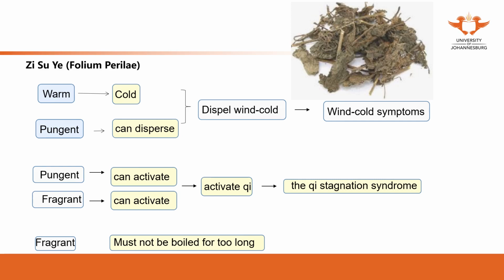Or if the patient suffers from qi stagnation and presents with a heat syndrome, then we need to add some cold herbs, and then we can use them together.